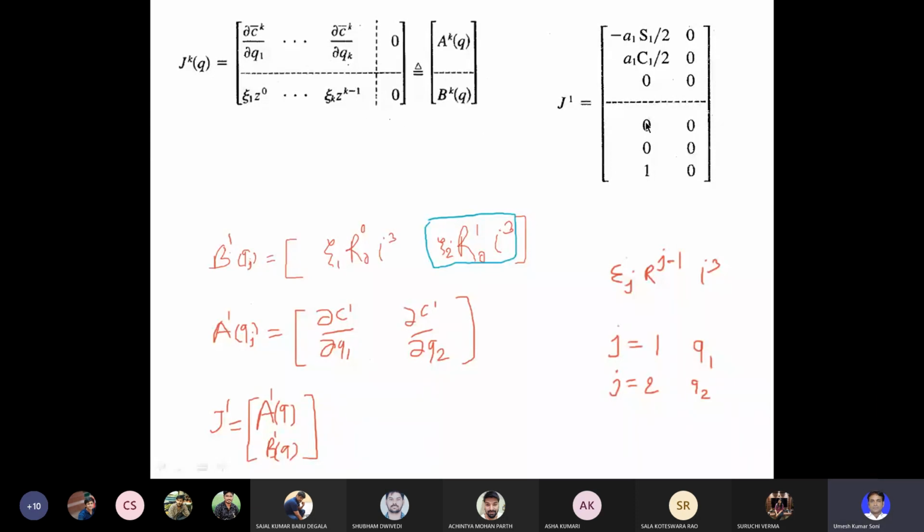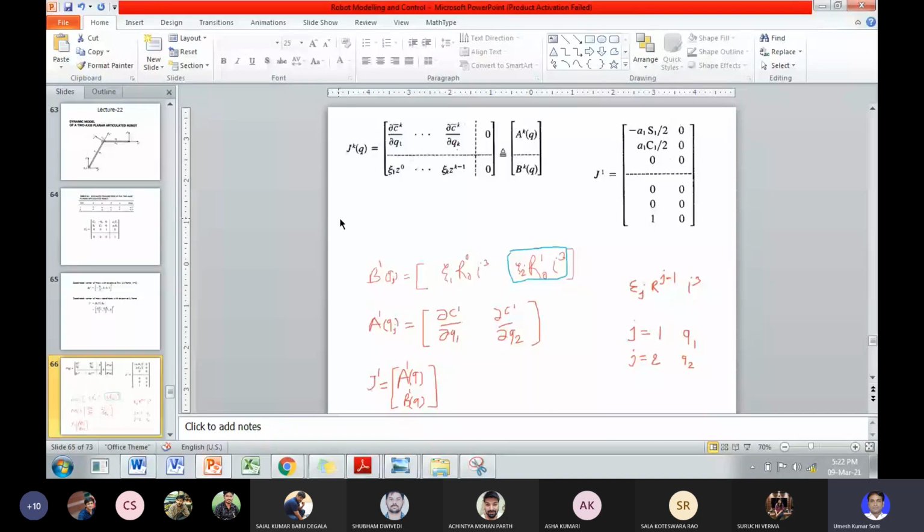So here for J1 the first term will be this. Okay, the first term you kept here, R00 I3, and this term is actually 001 if you calculate, but because we are at the Jacobian, we are at the link 1, so this will be 00 element. Is this clear?